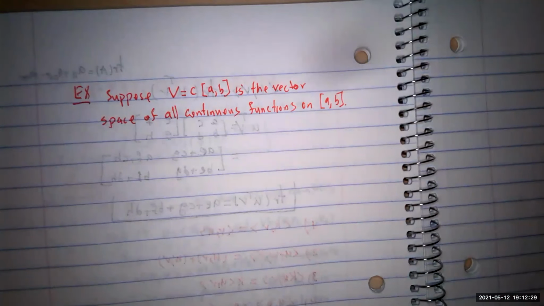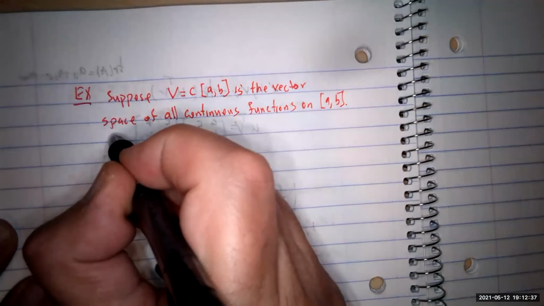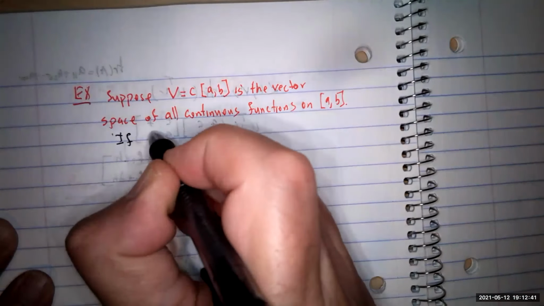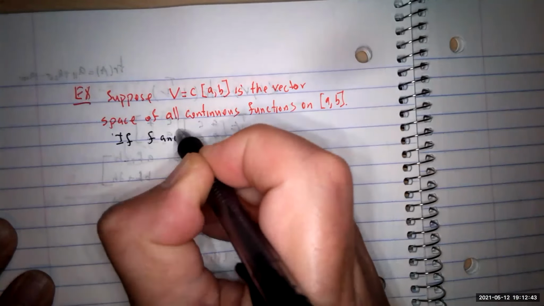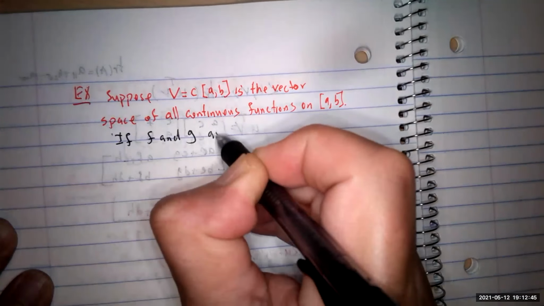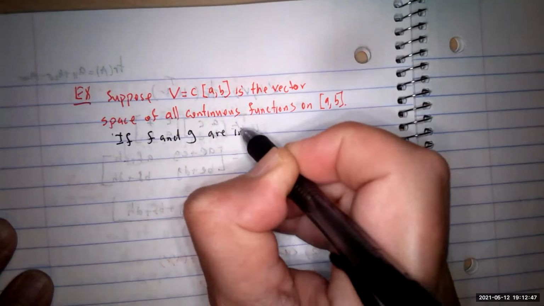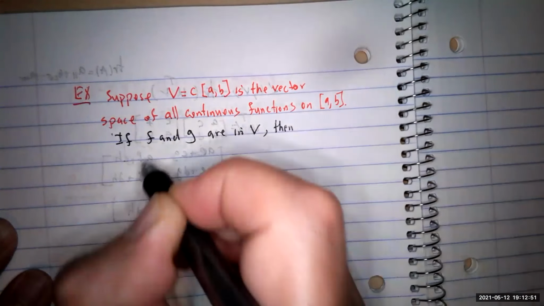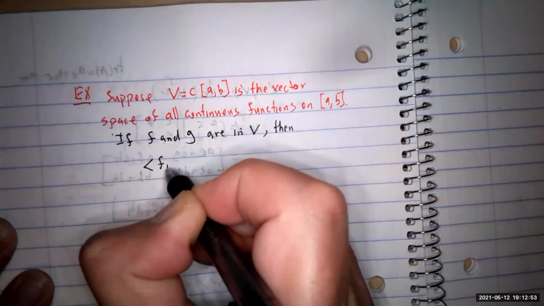You must know that the standard product that we're going to define is this one. So if f and g are in the vector space V, then we can define the product.